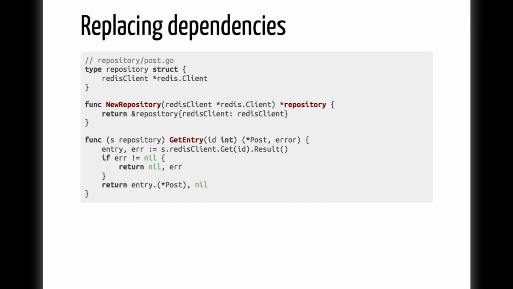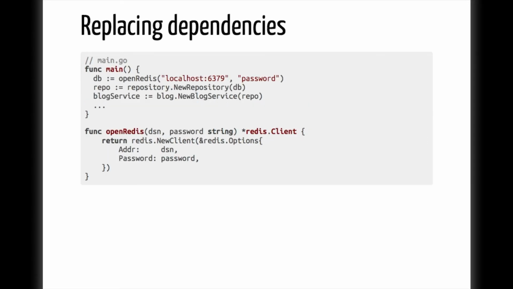Replacing the dependencies. Quite a similar story to what I said before, but this time we already have our interface in the blog service. So what's only needed here is to write a new repository that simply utilizes the Redis client and has all the same methods that are required.